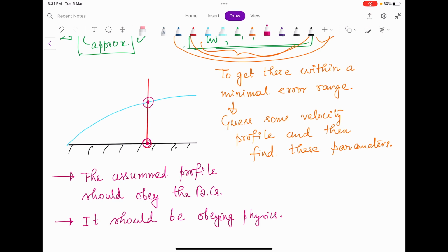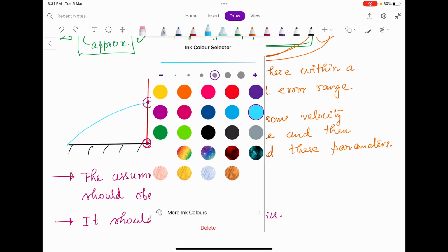That means that if you draw something like this, okay, so we know that the slope at the edge of the boundary layer is 0.